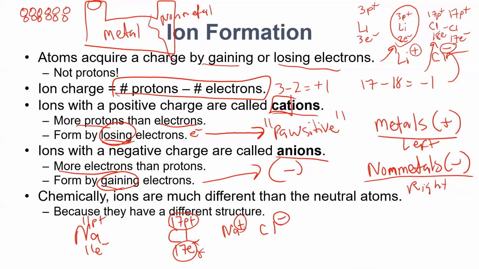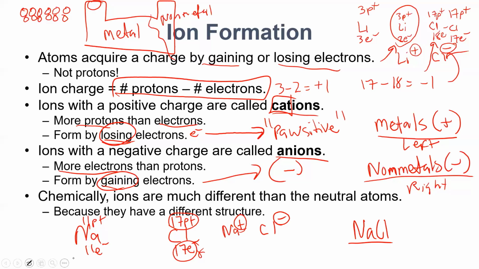And because this is a +1 and this is a -1, it forms a 1-to-1 ratio. So sodium chloride, right, is basically a sodium ion and a chlorine, which becomes an ion, chloride ion.